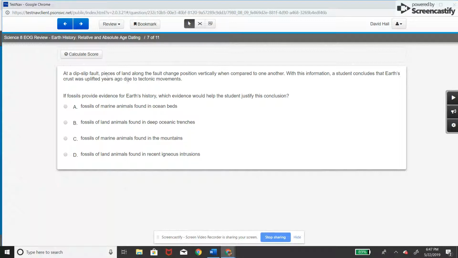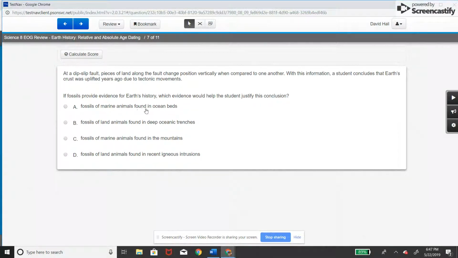At a dip-slip fault, pieces of land along the fault change position vertically when compared to one another. Dip-slip, one side's up, one side's down. From this information, the student concludes that the Earth's crust was uplifted years ago due to tectonic movements. If fossils provide evidence for Earth's history, and they do, which evidence would help the student justify this conclusion?